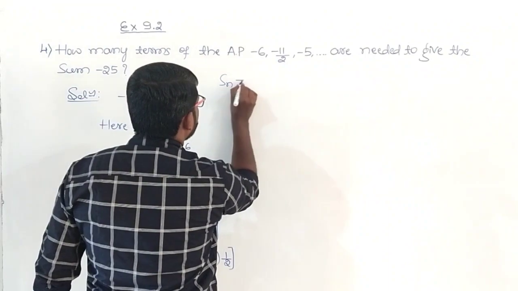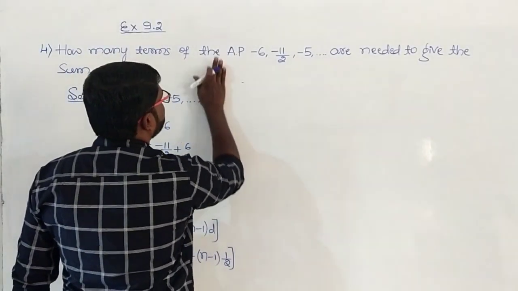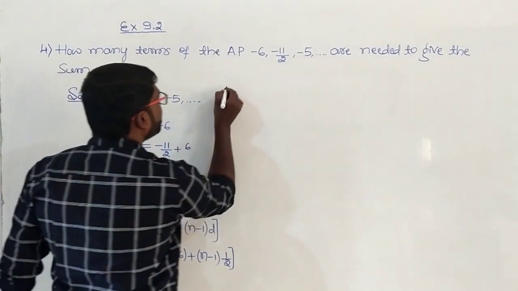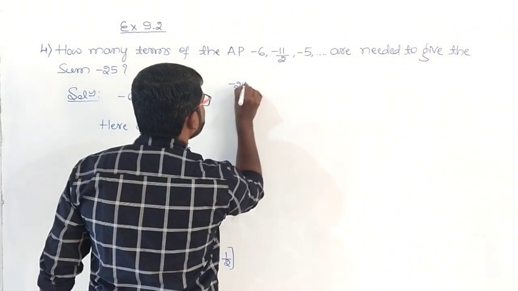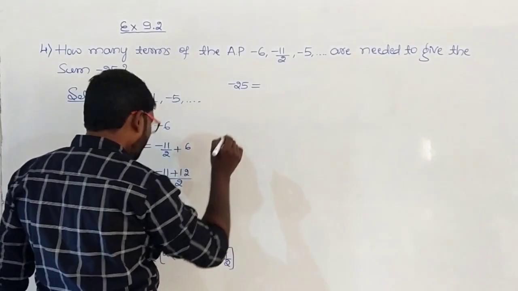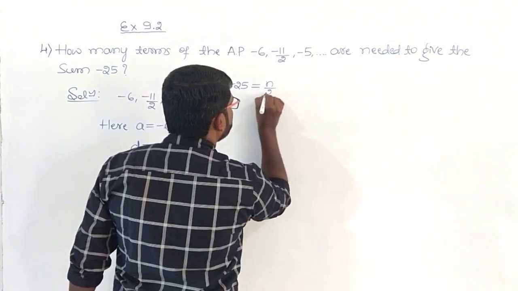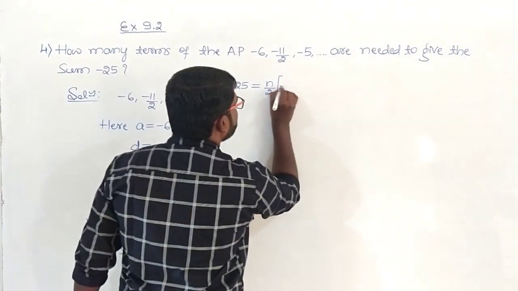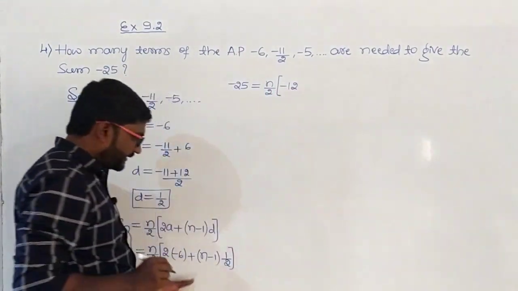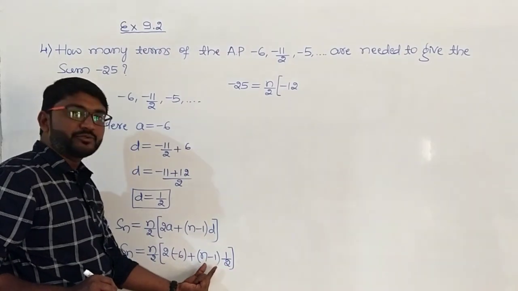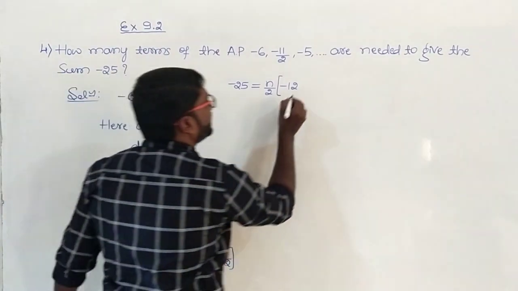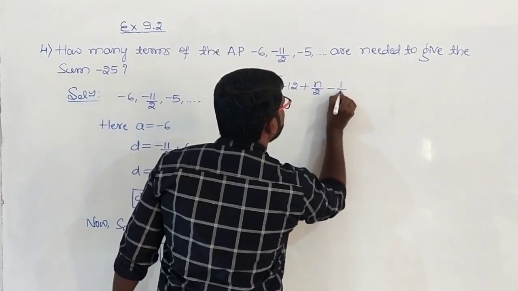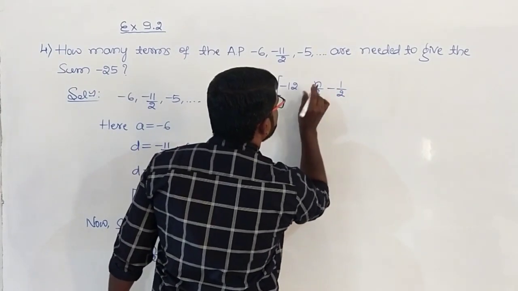We will substitute the value of Sn. What is Sn? It is minus 25. So minus 25 is equal to n by 2 into the bracket, 2 into minus 6 will be minus 12, and then multiply 1 by 2 with these two terms, you get n by 2 minus 1 by 2.